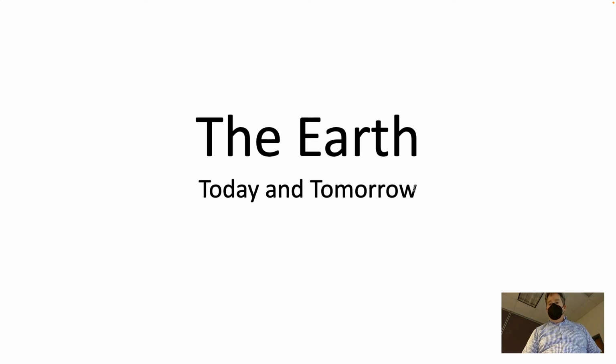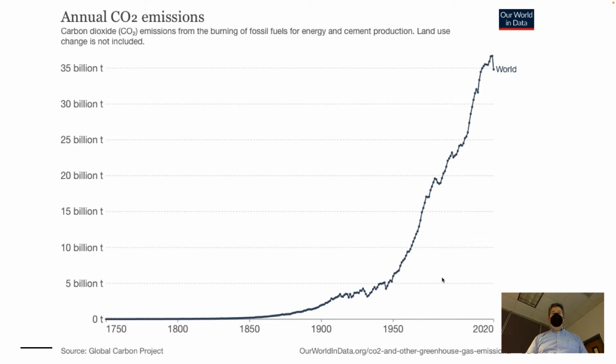So climate change is driven by carbon dioxide in the atmosphere. And you can see that historically, before the industrial era began, before we started burning coal or having gasoline-powered cars, there was very little carbon dioxide emissions by humans.